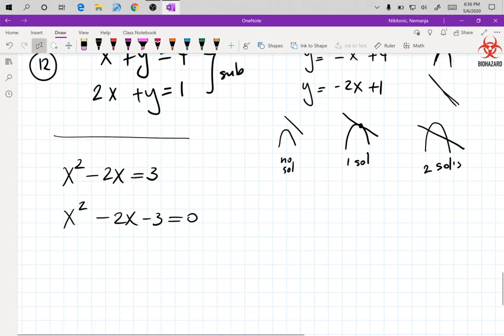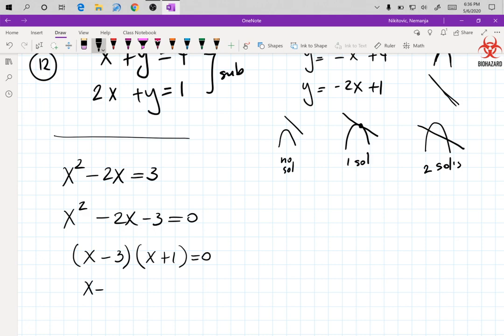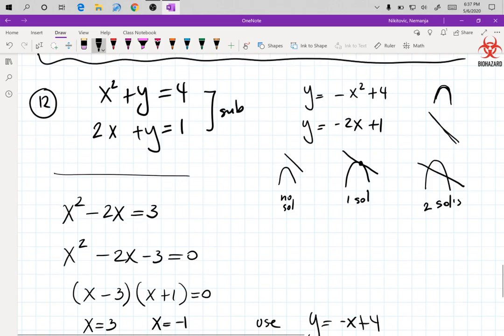So what do we have? We have x minus 3, x plus 1. So x is 3 and x is negative 1. Use the y equals negative x plus 4. The negative x plus 4?